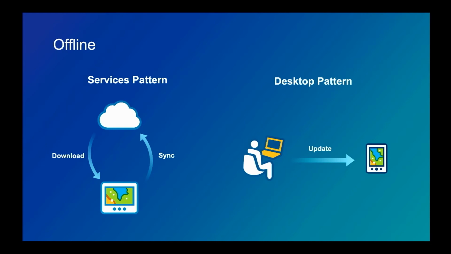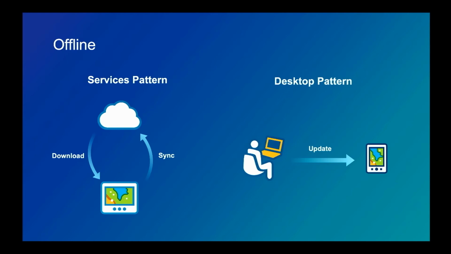Now, when you do have your network connectivity back, you can perform a synchronization operation so that any changes that you've made to the data will be pushed back up to your enterprise data source, or your feature service, or your web map. But that synchronization process is a bi-directional process.